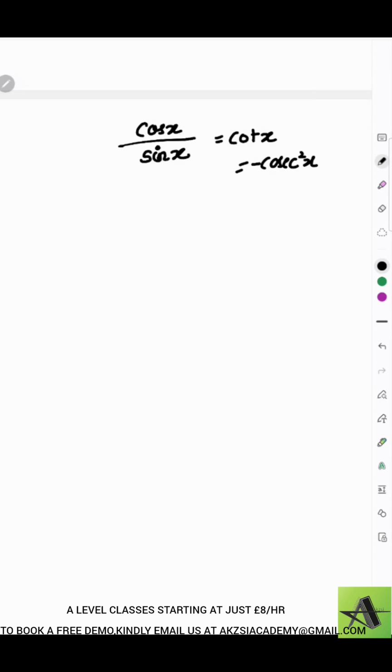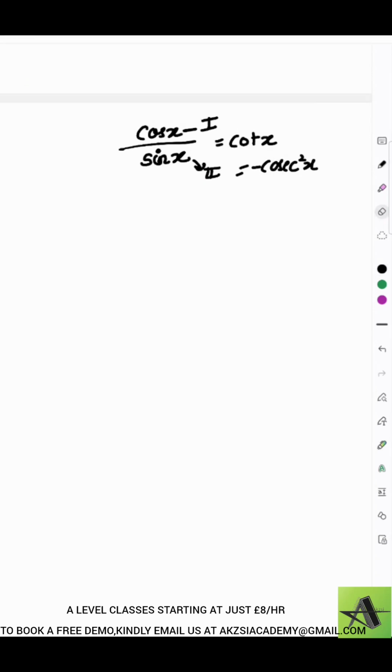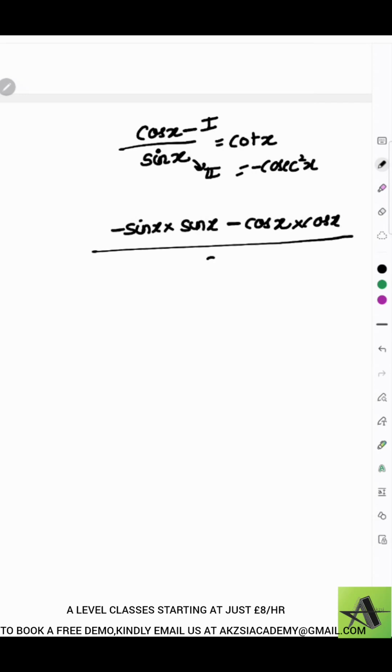So cos x is going to be the first function, and sin x is going to be the second function. Applying the same rule, differentiation of the first function, which is cos x, will give me minus sin x multiplied by the second function as it is, minus differentiation of the second function, which is cos x, multiplied by the first function as it is, over the square of the second function.